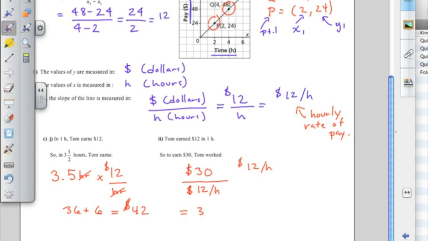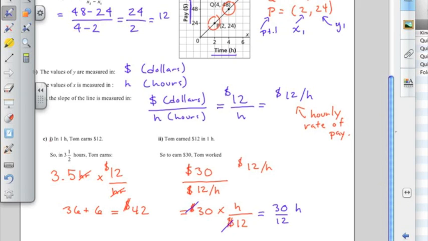We take $30. When you divide by a fraction, the rule is to multiply by the reciprocal. And here you can see now the units that cancel out are the dollar signs, and we've got 30 divided by 12 hours.